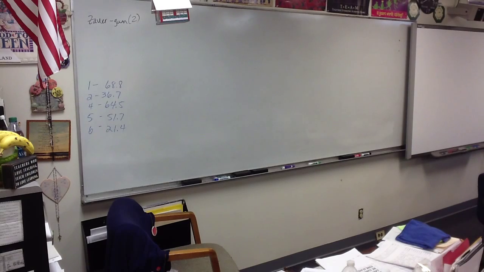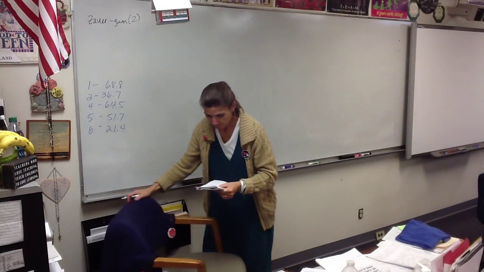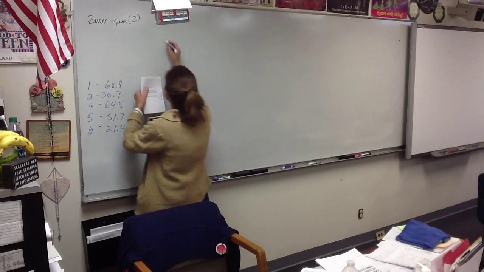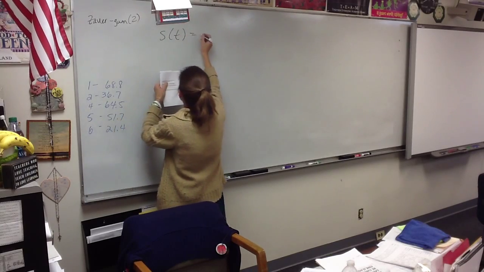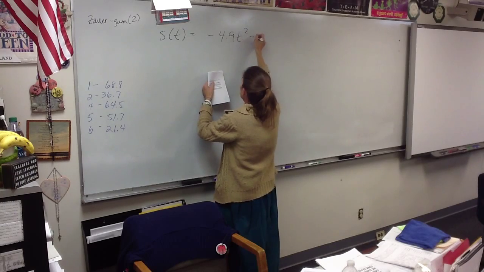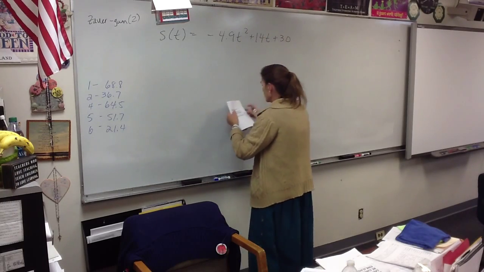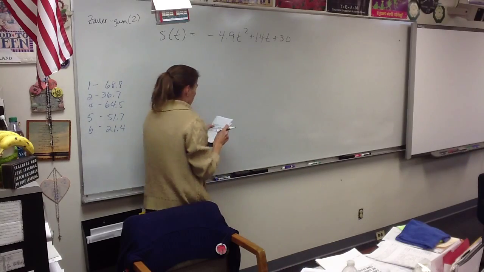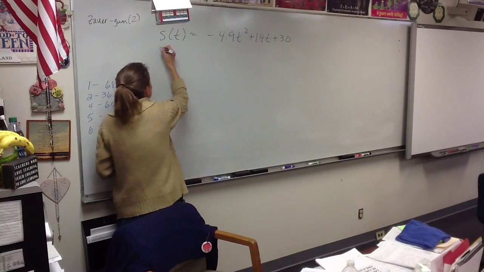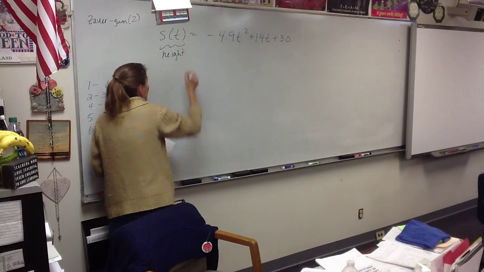All right, so we have an equation that gives us the height of the ball. All right, so this gives the height above the ground.